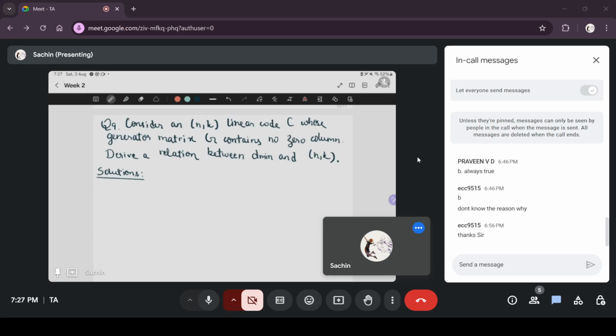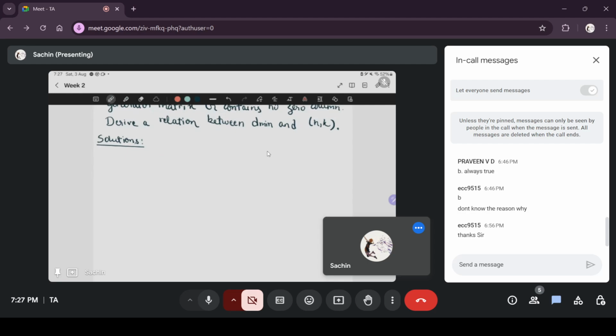Now none of the columns of this table will be a column of zeros. Why is that? That is because this matrix G contains no zero columns. So you pick a column in G, and this column has to have at least a single one in some position. Let's say in row j it has a 1 and it has a 0 everywhere else.